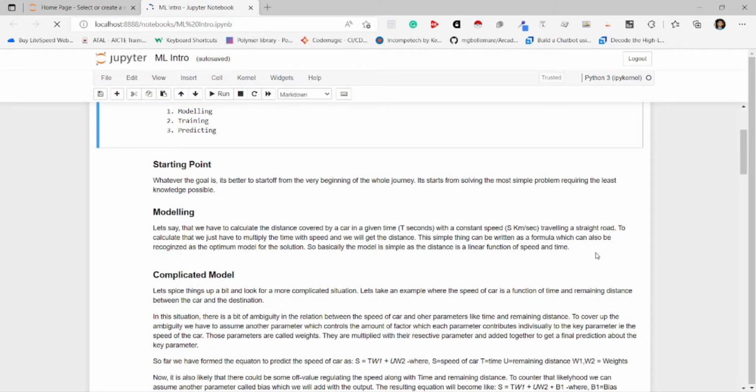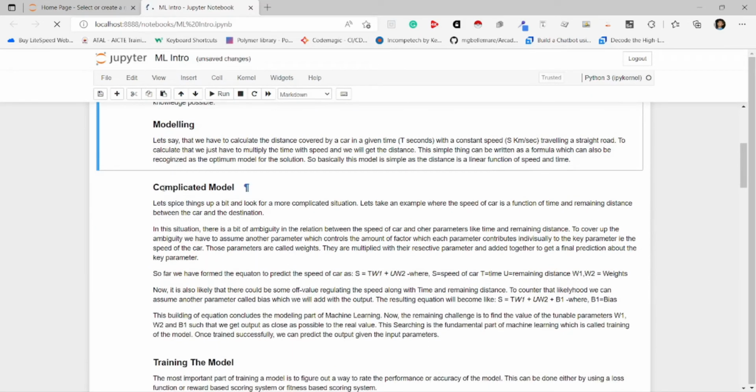To calculate the distance covered, we have to multiply the time with speed and we'll get the distance. So this simple thing can be written as a formula which can also be recognized as the optimum model for the solution. So basically the model is simple: the distance is a linear function of speed and time.